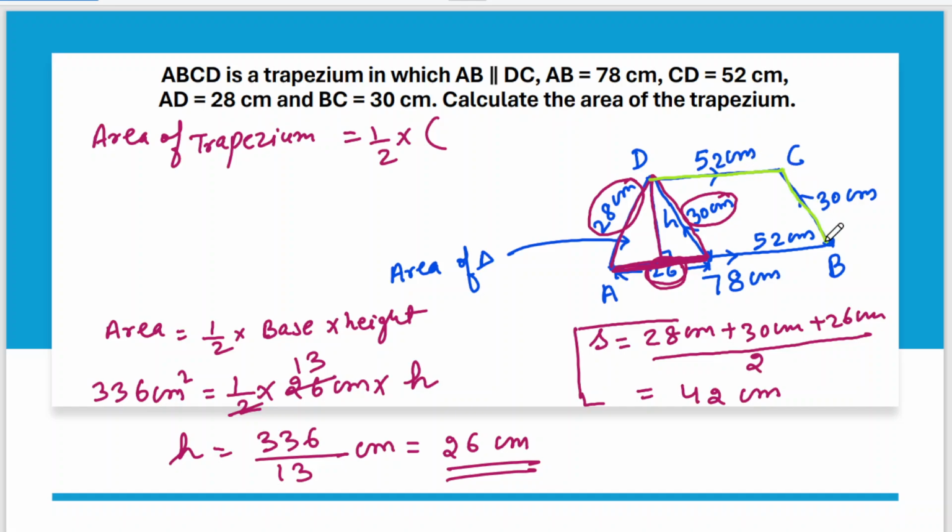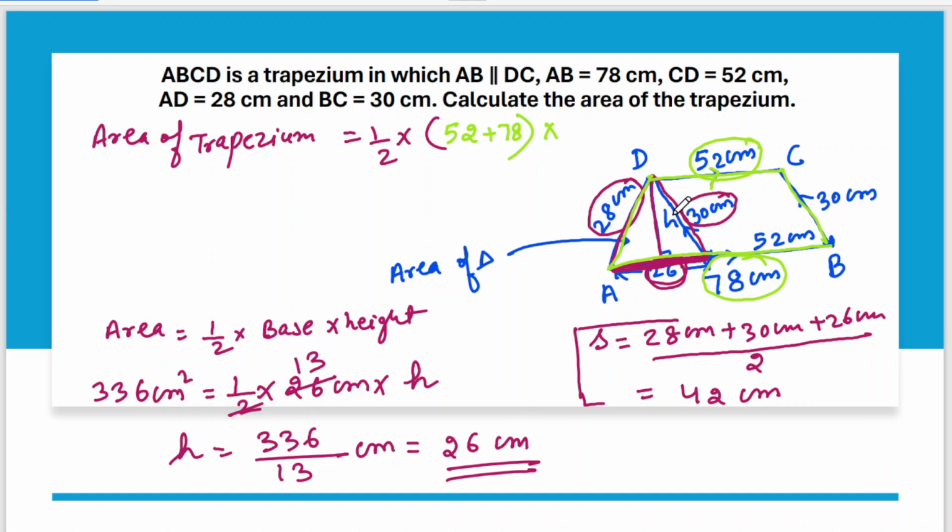This was the trapezium ABCD. Now we know the sum of the parallel sides: one of the parallel sides is 52 and the other is given as 78. So 52 plus 78. Now you will multiply with the height that we have found.